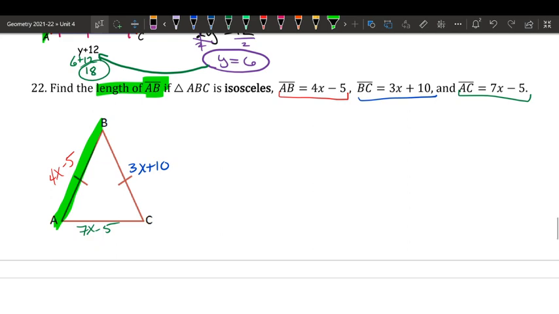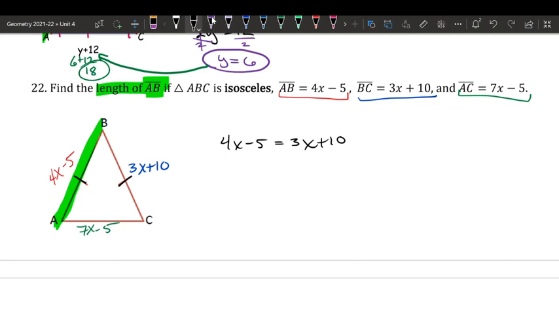Because all I need is that the two sides that are equal, AB and CB, I can say that since they're equal, then 4x minus 5 equals 3x plus 10. And then after I solve for x, I can plug it back in to see what the side length is.